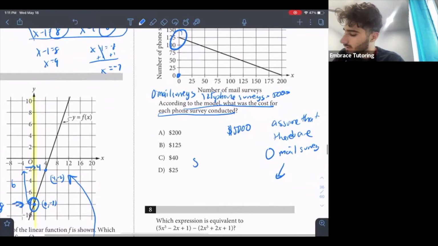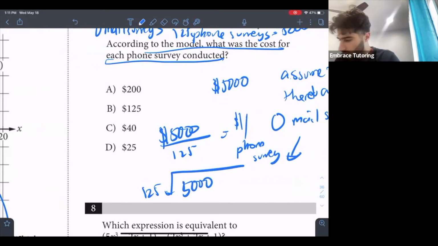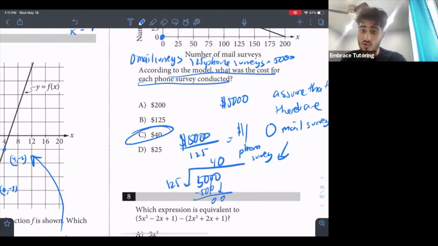So what we could do here is 5,000 divided by 125 to get the amount per phone survey. So if you do that, 125 into 5,000, you get 4, 500, and then bring the 0 down, 0. So you get $40, which is choice C. So that's how you would do this question right here.